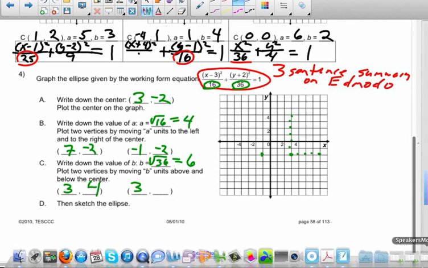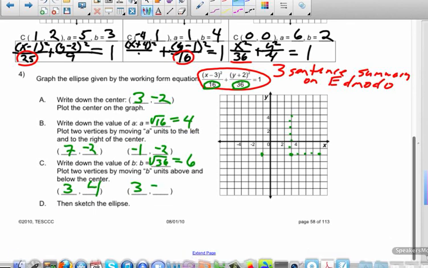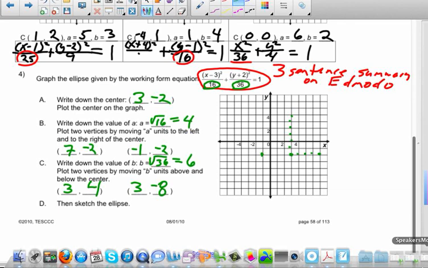And then I move 6 units down from -2, which will be a -8. Which is right here.